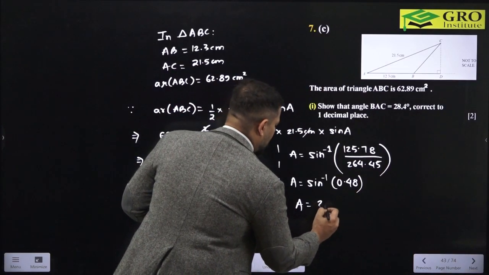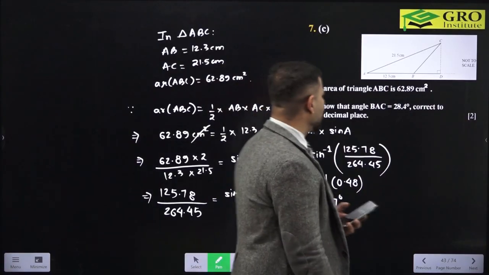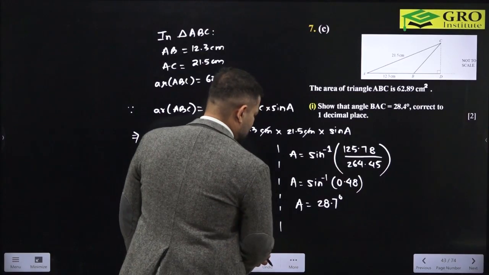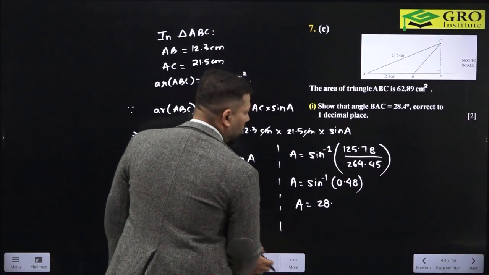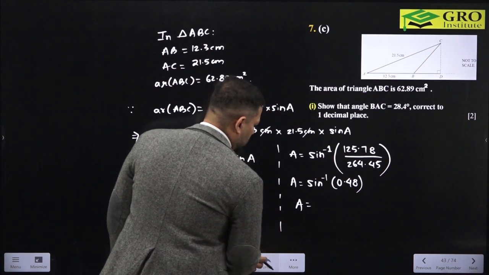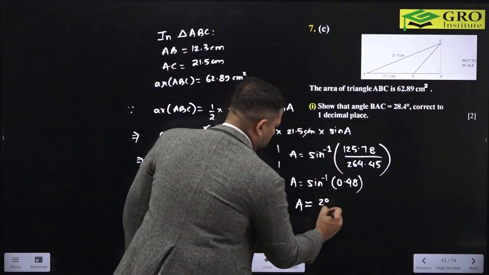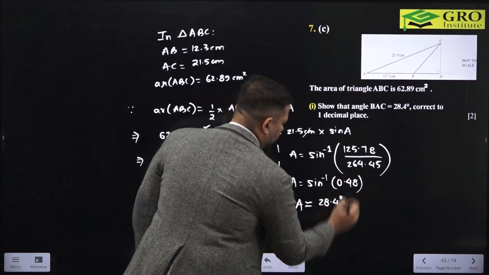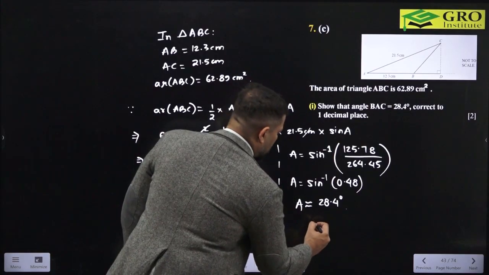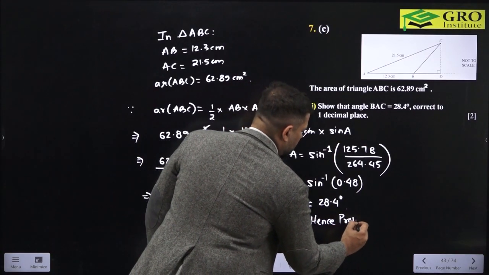So this angle comes out to be 28.7 degrees. So it is nearly around, as I told you, 28.4 degrees. That is what we needed to show, and hence we can write hence proved.